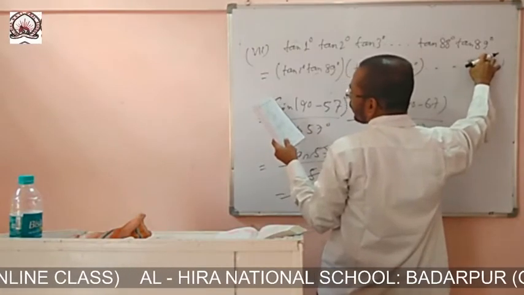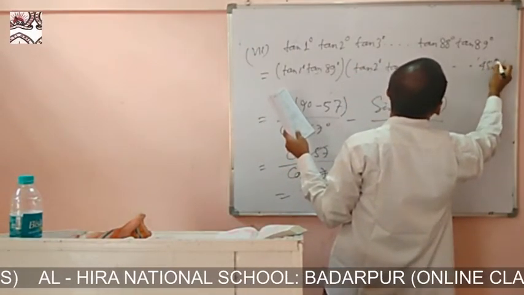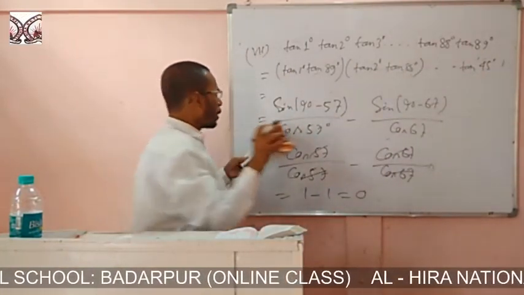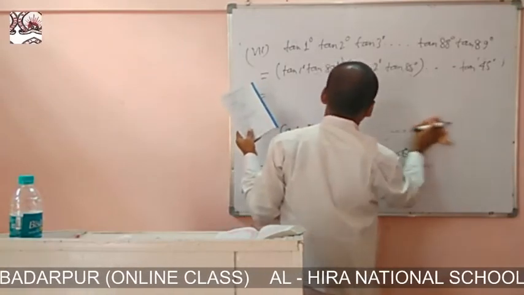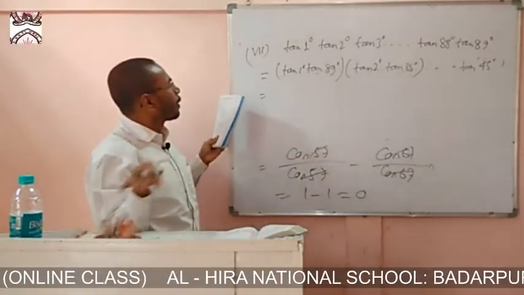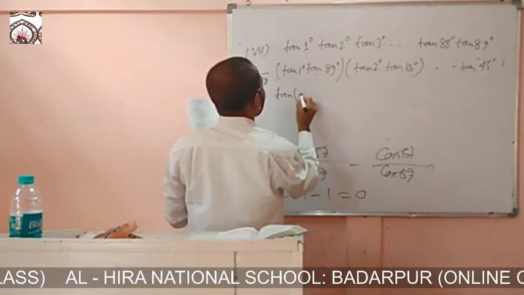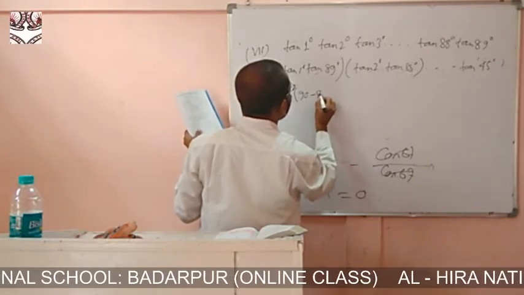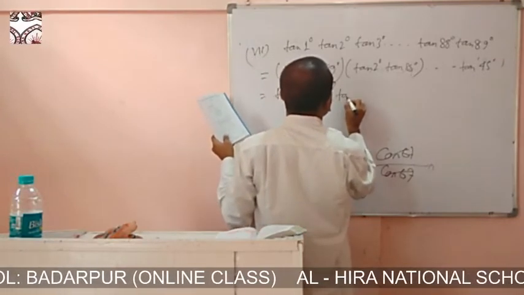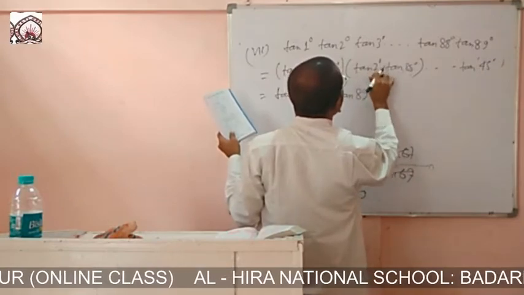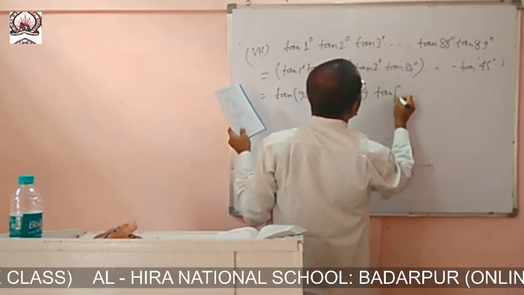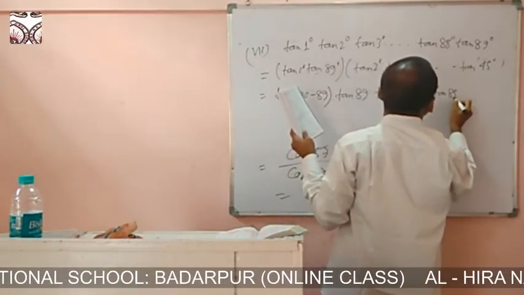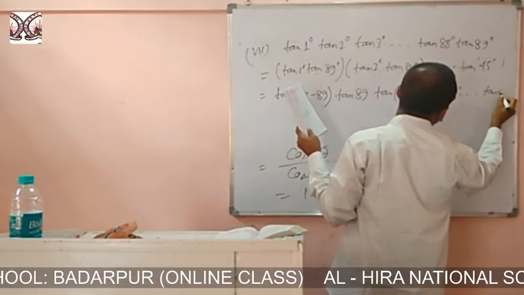So the middle portion will be tan 45. So tan 1 degree we can write as tan(90 minus 89) into tan 89, tan 2 as tan(90 minus 88) into tan 88, dot dot dot, last one is tan 45.